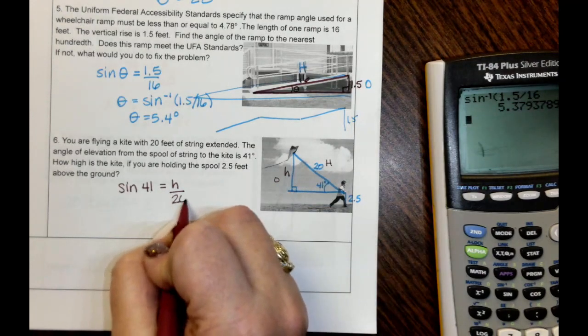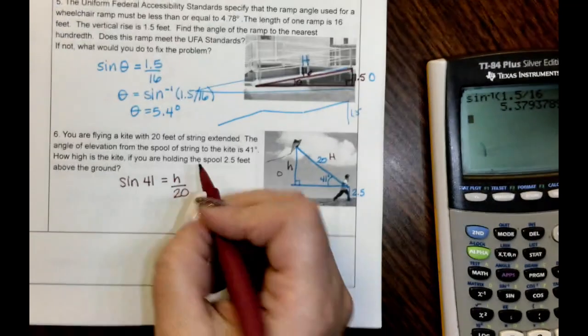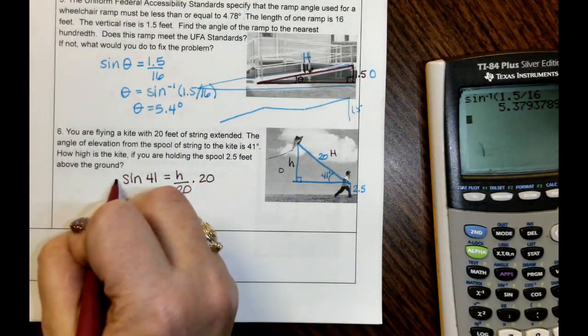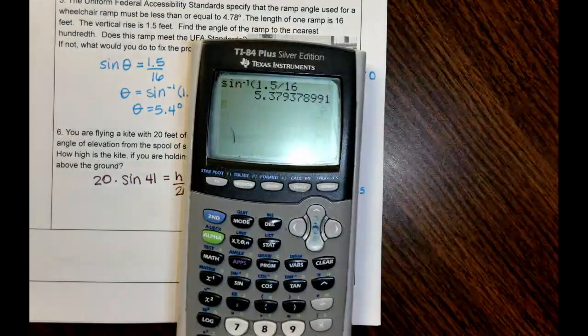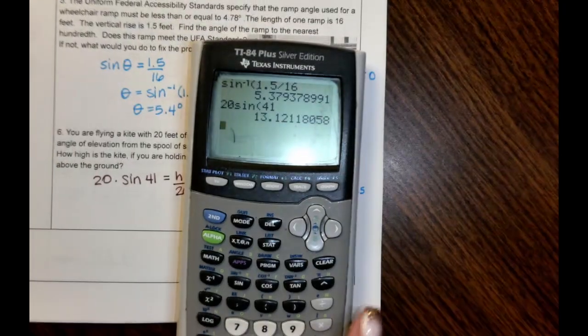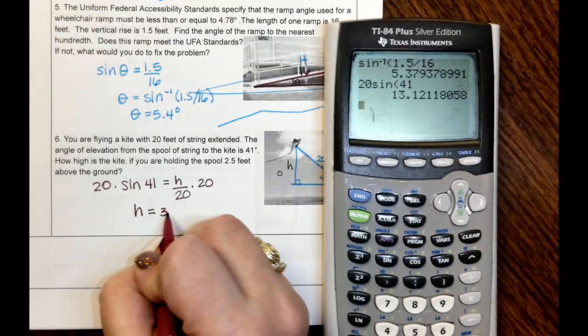So in order to solve this one, we need to multiply both sides by 20, and you type it in. So H is equal to 20 times the sine of 41. You get 13.1 feet. So the height above where the spool is 13.1 feet.